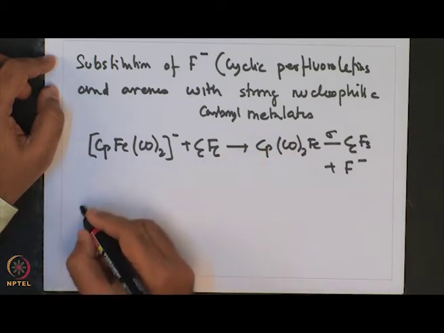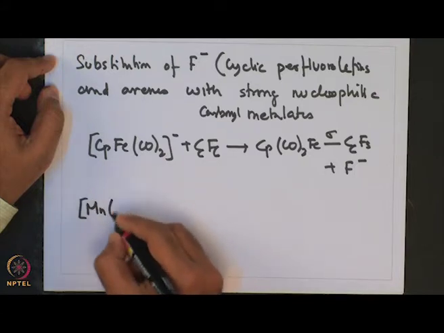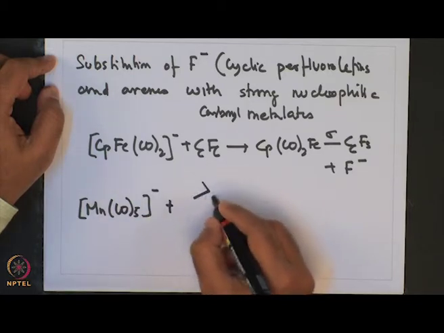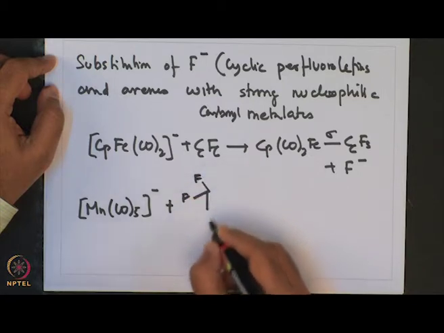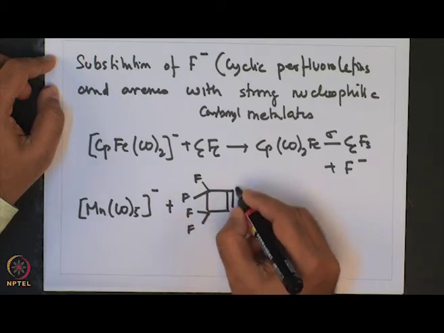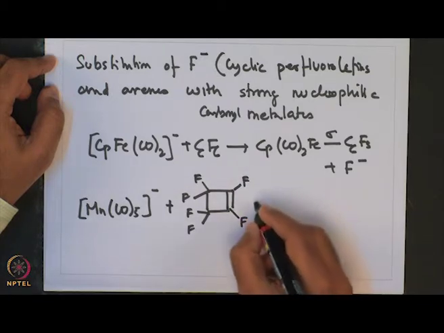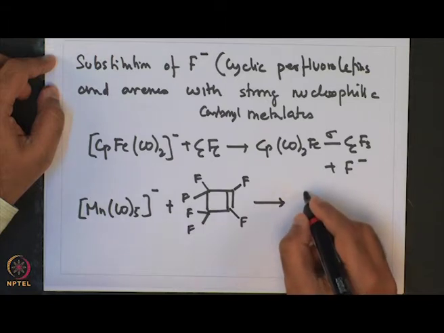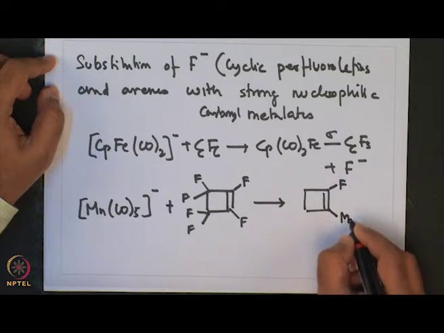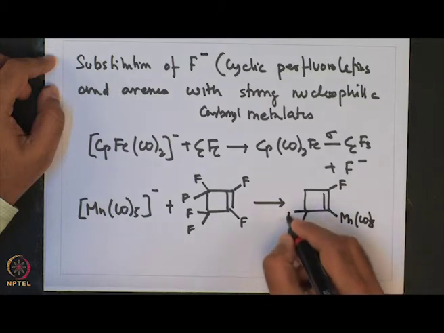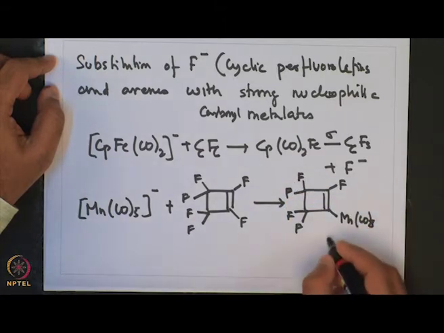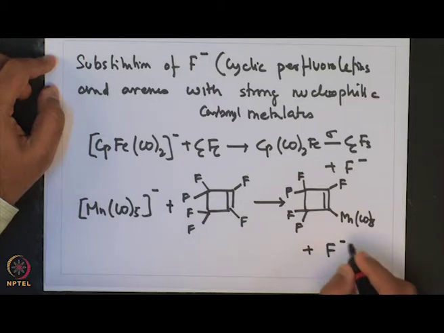The same can be seen over here, where Mn(CO)5 minus shows similar nucleophilic attack and replaces the fluoride moiety in the cyclobutane compound, resulting in this perfluorocyclobutane fluoride compound and fluoride anion.